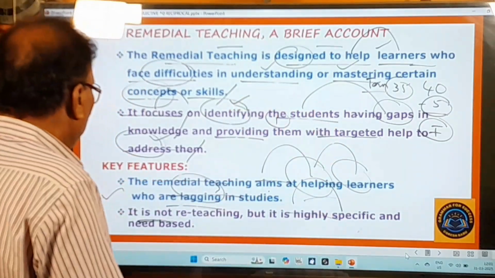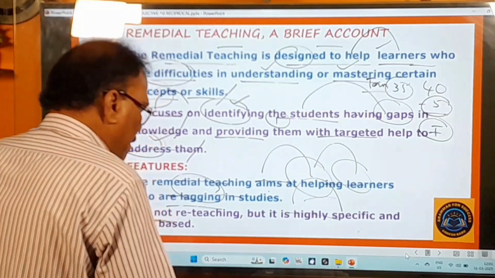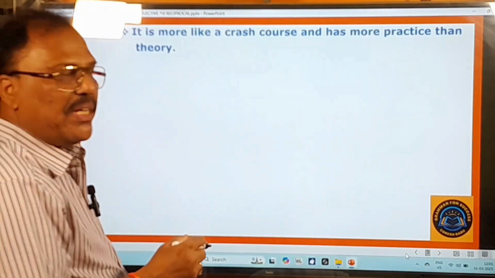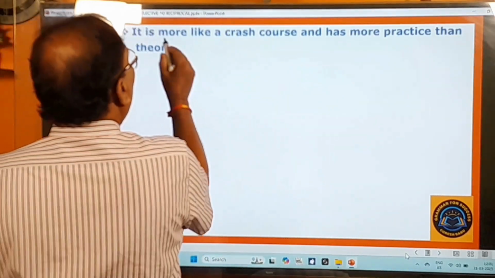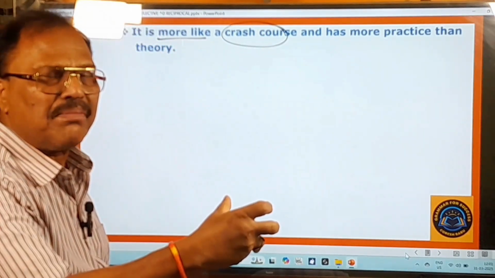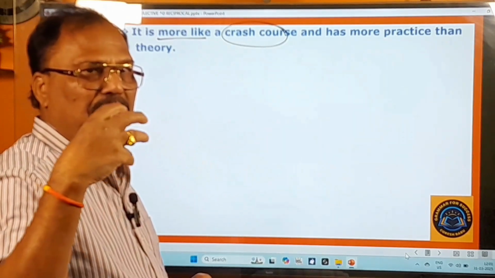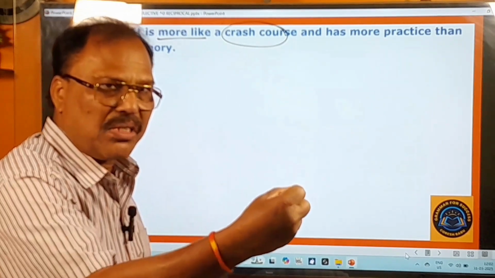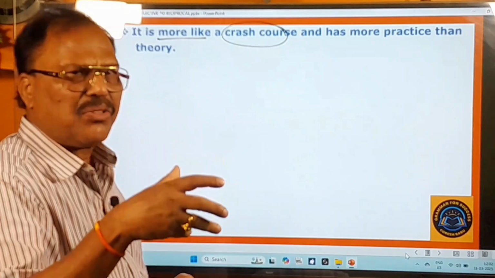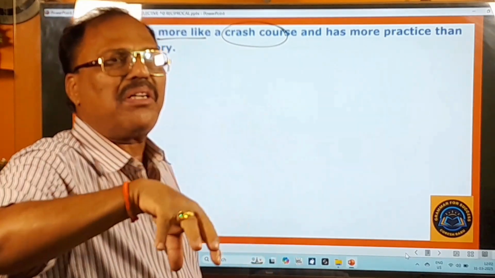And now you move on to other important features of this remedial teaching. Another important feature of this remedial teaching is this one. It is more like a crash course. Crash course means shortcut course. Some MSET crash course, some NEET crash course, some crash courses are there. Crash courses mean within a short period all the items are covered very briefly.